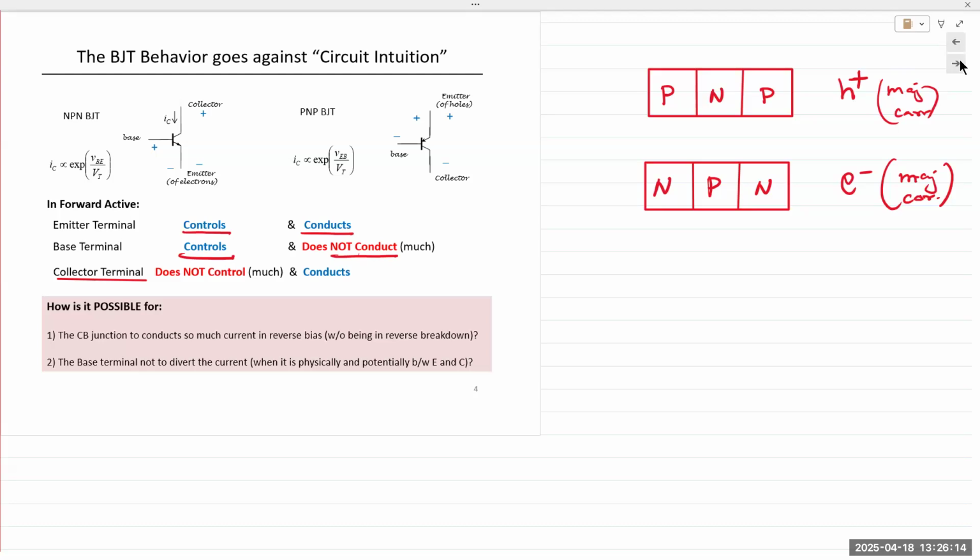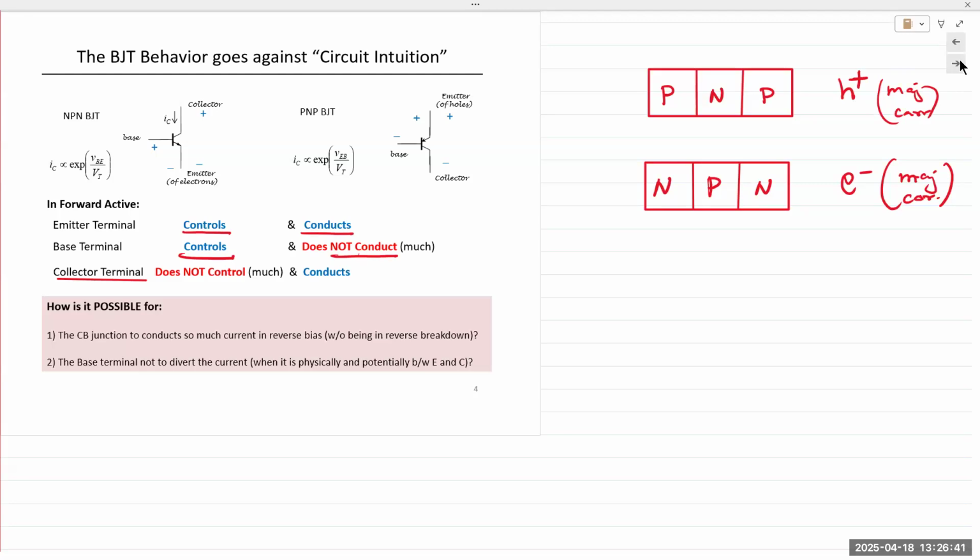Electrons can move much faster because they are not restricted by a spot in the lattice structure. They can move anywhere, whereas holes are restricted to certain fixed spots. So you can create faster devices with an NPN transistor versus a PNP transistor. So NPN transistors are very popular.